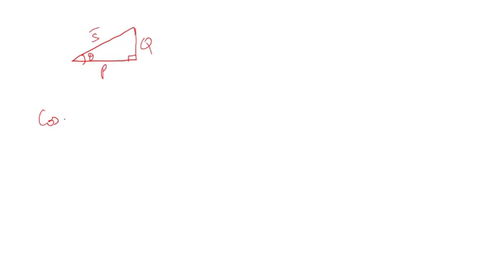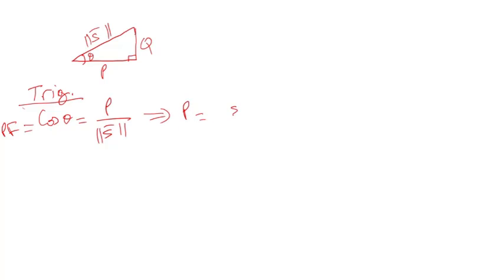So cosine theta is P divided by S. Cosine theta is the power factor. So if you're given the power factor, and you know either P or S, you can calculate the other. So P is the magnitude of S times cosine theta.